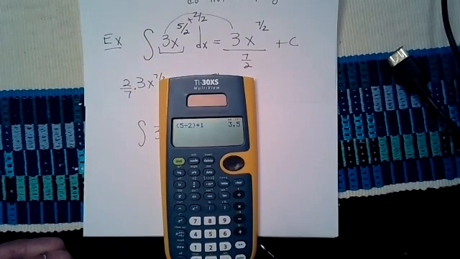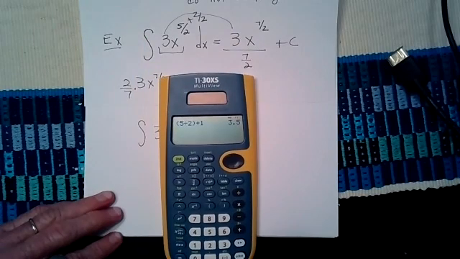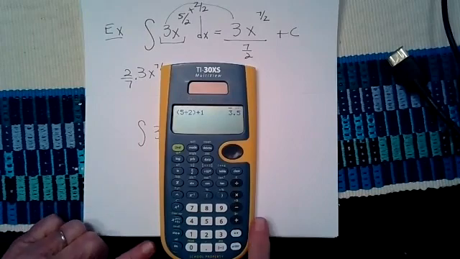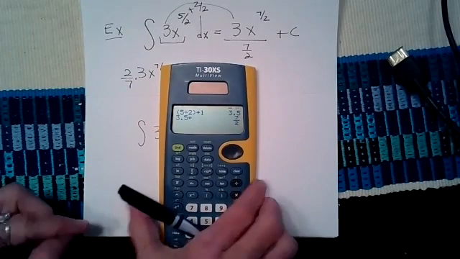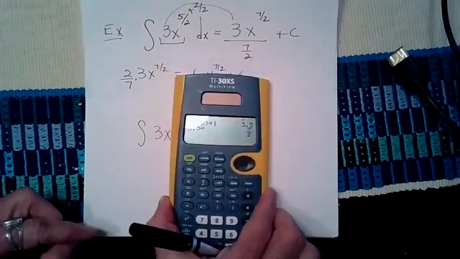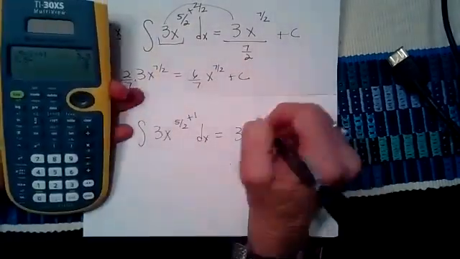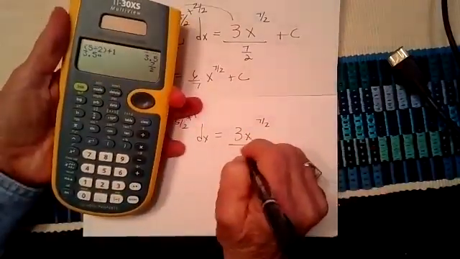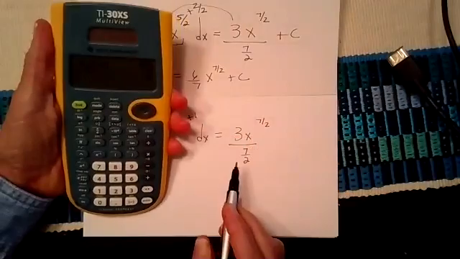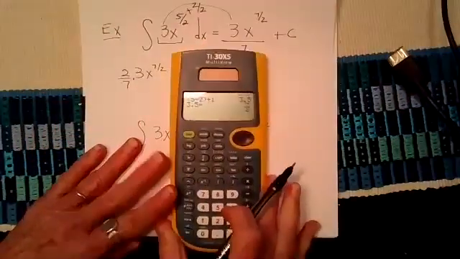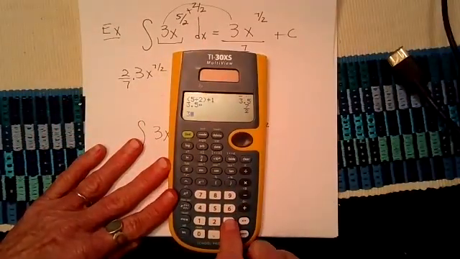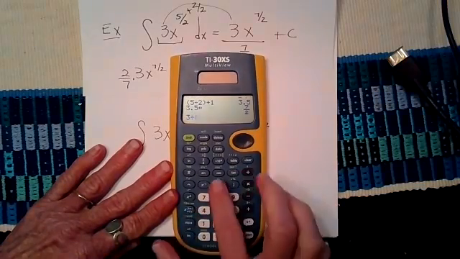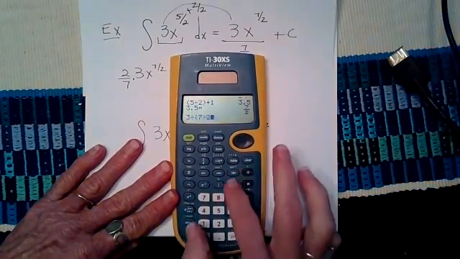Can you see that? 3.5. Okay, and this is what I love about this calculator. Right above the enter sign, there's this double arrow button. And if you push it, it gives you the 7/2. Okay, so 3x to the 7/2. And then if I divide by 7/2, I could do that on my calculator: 3 divided by, parentheses, 7 divided by 2.